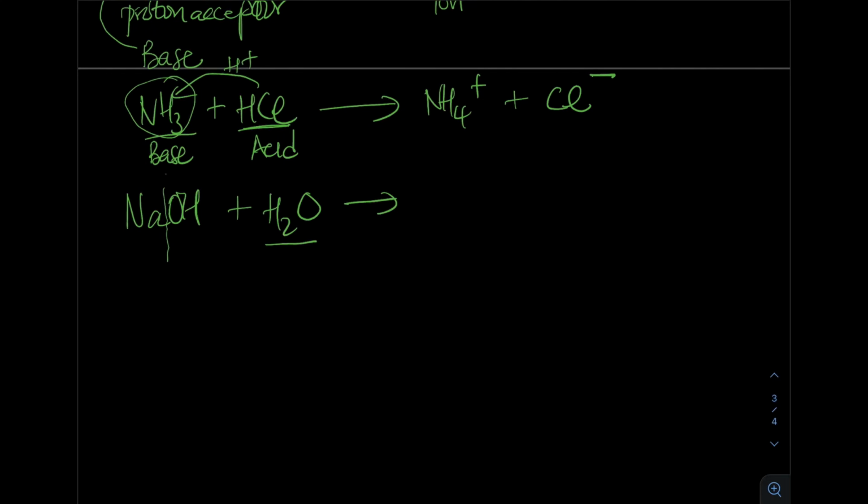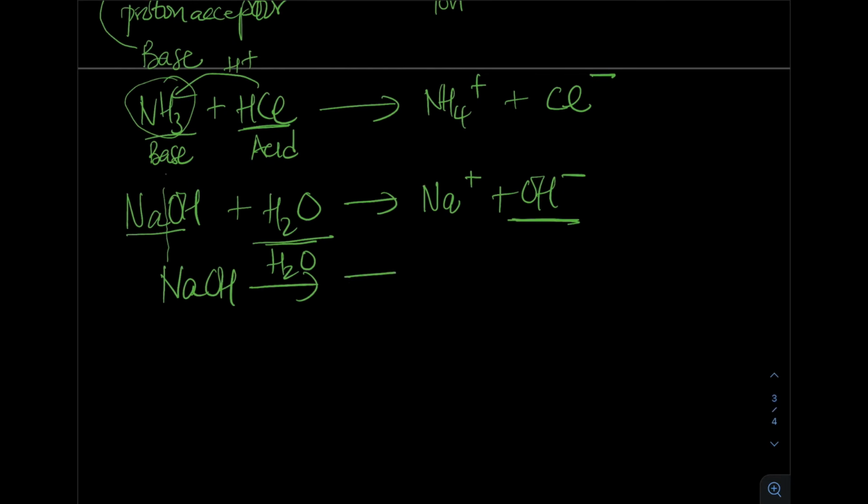So what's going to be formed there? It's going to be Na plus, and there will be what? An OH minus, right? So this base, you dissolve in water and it forms OH minus. You can also put it this way: NaOH dissolved in water is going to produce the sodium ion and the hydroxide ion.